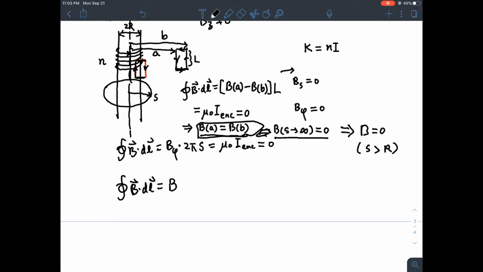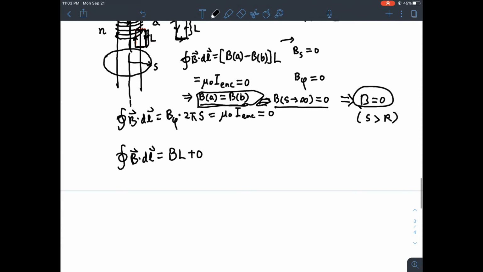Inside, let us assume the field is B, times the length, which we also call L. Then we need to consider the contribution B dot dl here, and there it is 0, because it is outside, and we showed that B should equal 0.